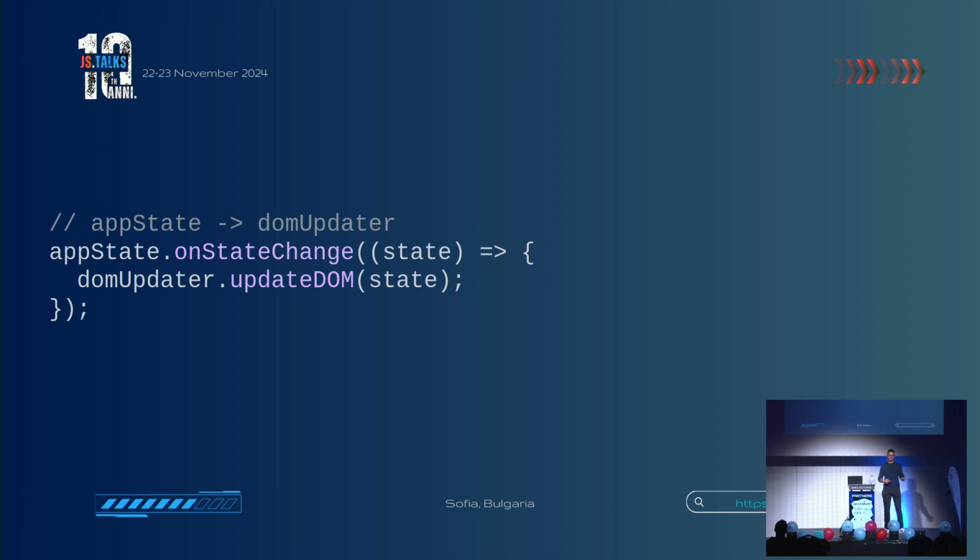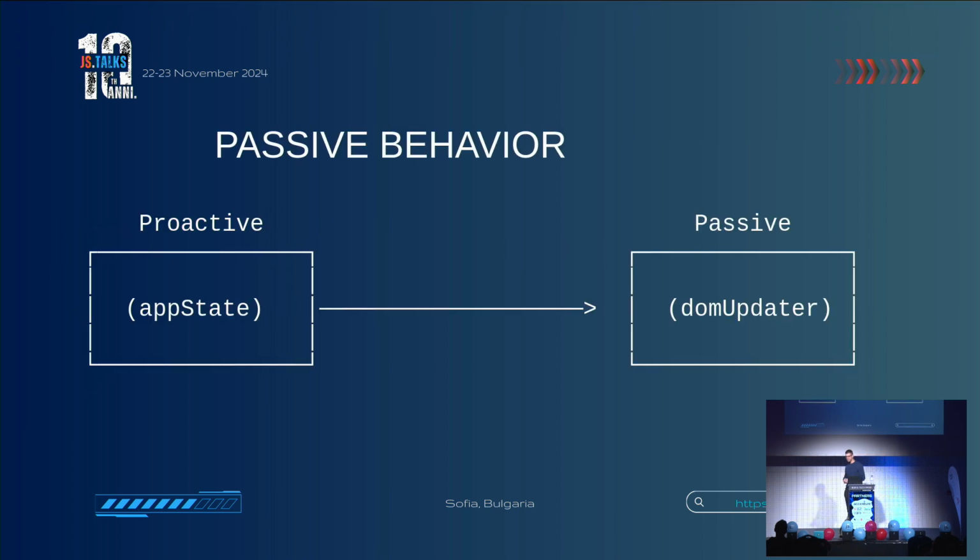And this is usually not how reactivity works. It should come from within, right? The DOM updater should be able to react to the change, but now it was forced to react. So app state was proactive in that it tried to change what's on the DOM, and it only knew how to do that because the DOM updater exposed the method.